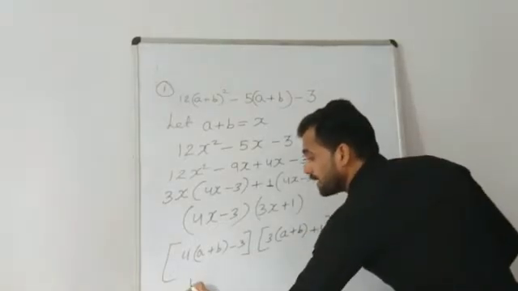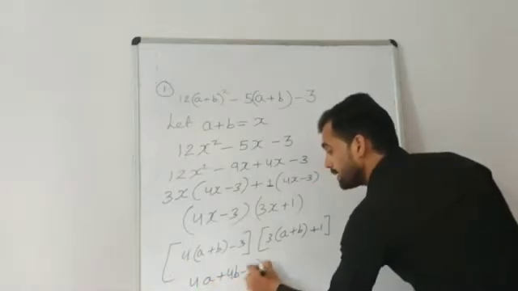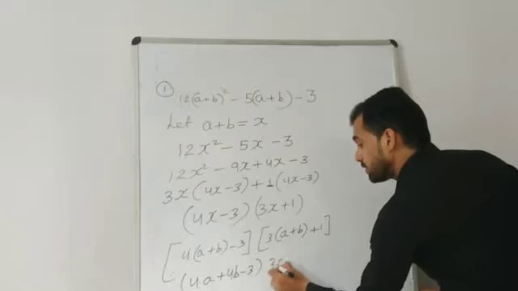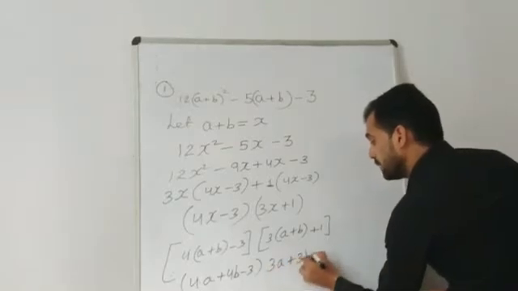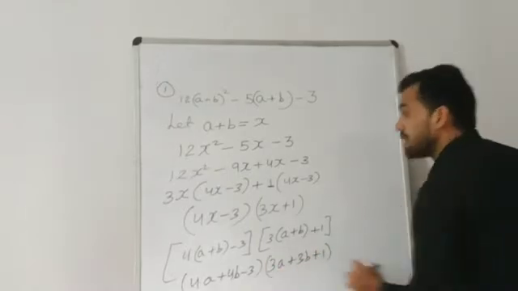Opening the brackets, the final answer we will get is (4a + 4b - 3)(3a + 3b + 1).